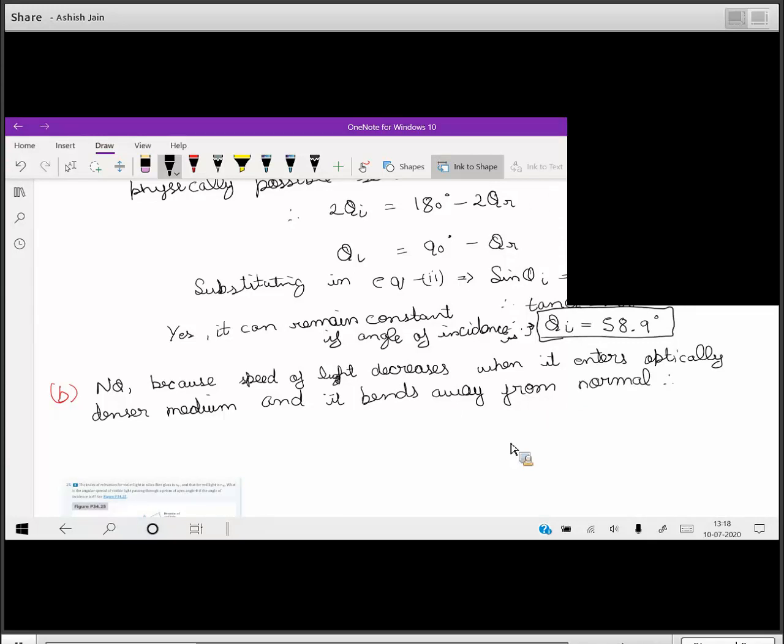Therefore, both the effects result in changing the parallel component of light.